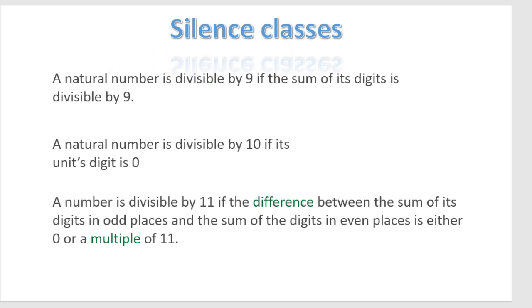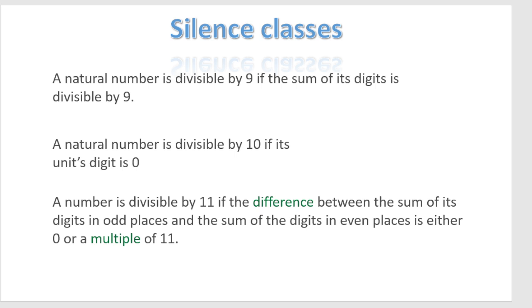Now the divisibility rule of 10. The divisibility rule of 10 is very easy. A number is divisible by 10 if its unit digit is 0, which means the last digit of the number must be 0.